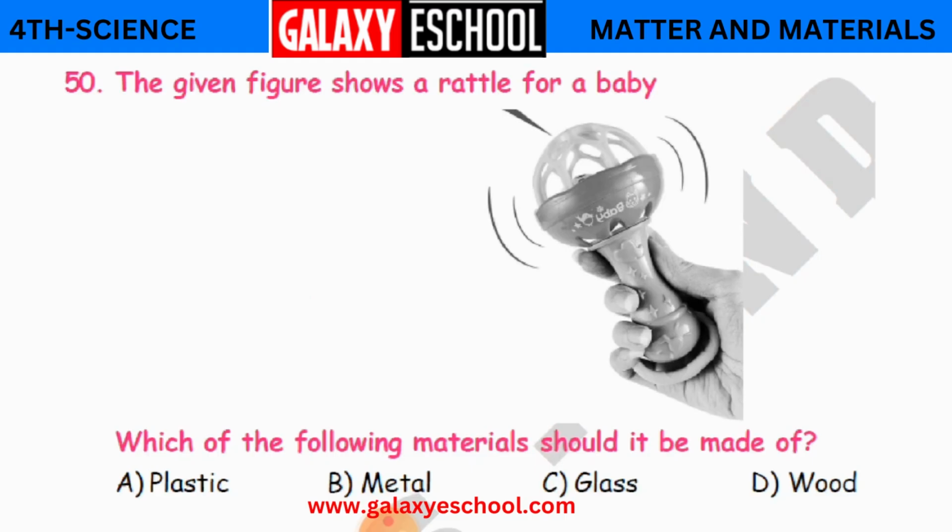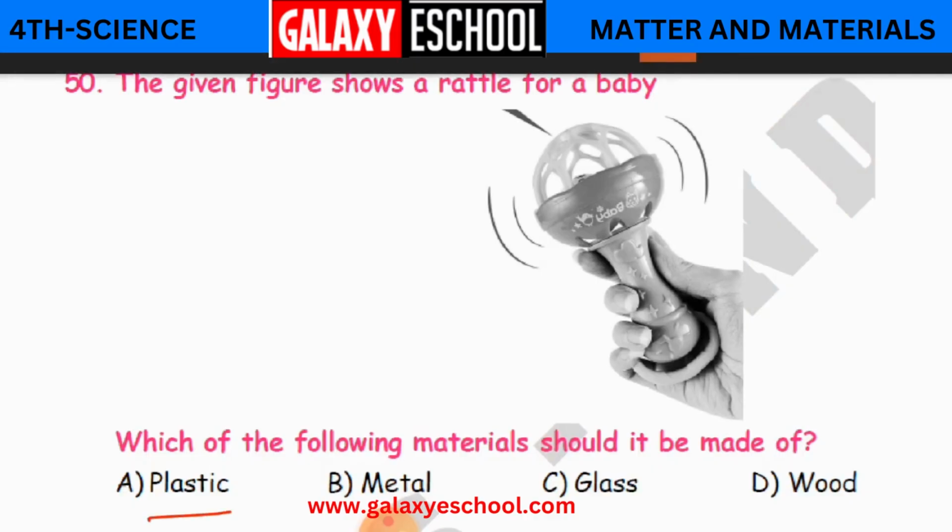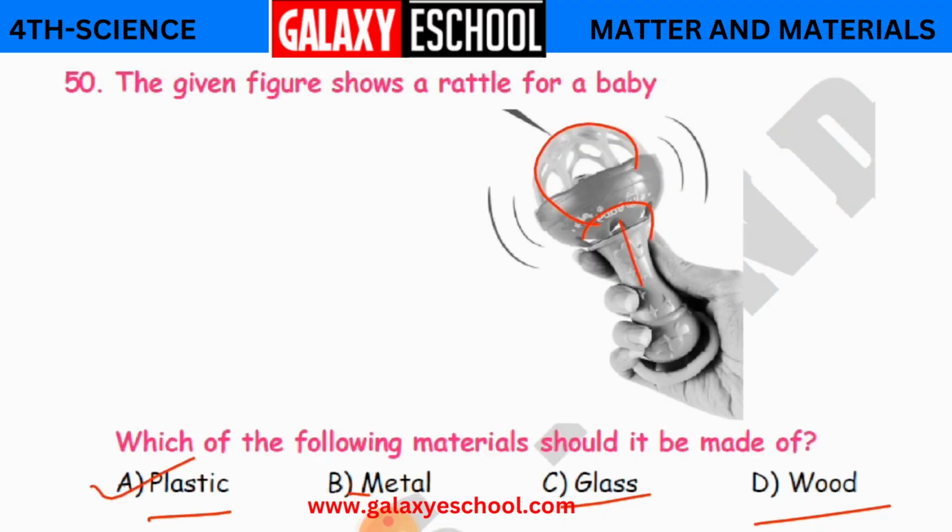Okay, so which of the following materials should it be made of? Is it plastic, metal, glass, or wood? So which material will be used, children? We'll use plastic. This material will be plastic. Okay, so this is the answer, children.